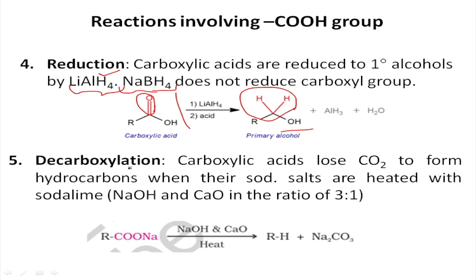Number 5, decarboxylation. Carboxylic acids lose CO2 to form hydrocarbons when their sodium salts are heated with soda lime. Soda lime is sodium hydroxide and calcium oxide mixed in the ratio of 3:1. So take the sodium salt of a carboxylic acid and heat it with soda lime.